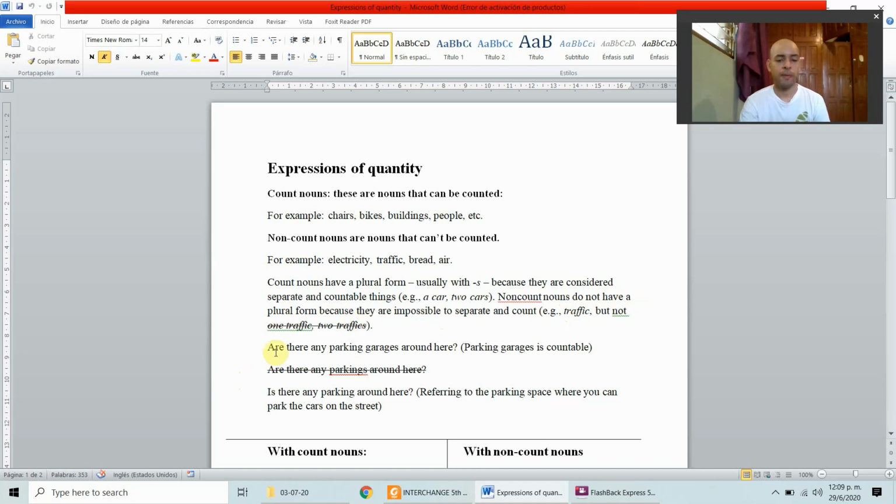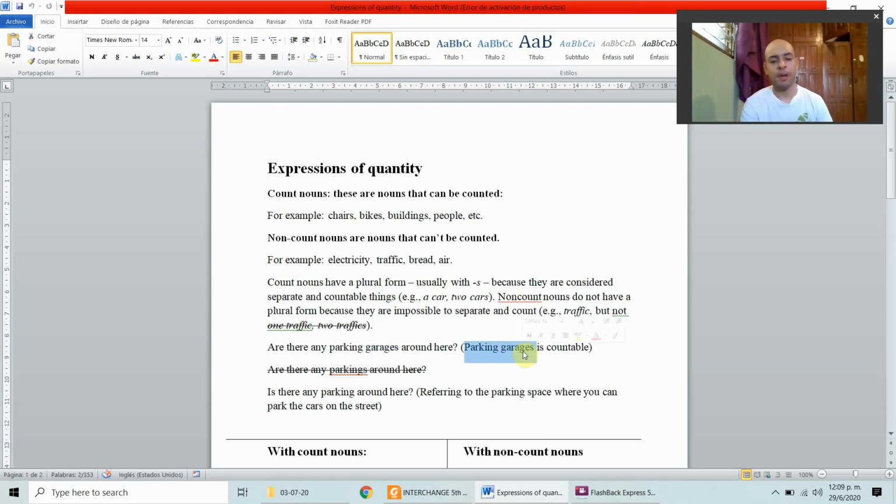Are there any parking garages around here? Parking garages is countable because we are talking about an exact place, a parking garage. So what about parkings? Are there any parkings around here? No, because there is a difference between parkings and parking garages.